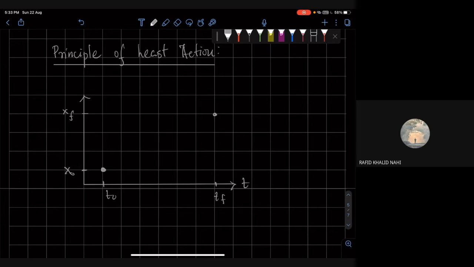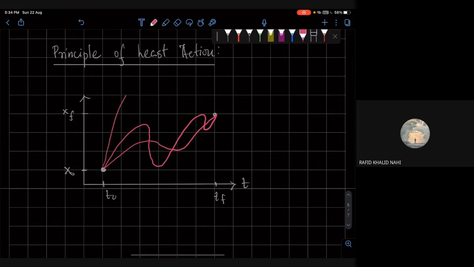Now, the particle can take all sorts of paths, right? It can go towards xf, it can turn back, go towards xf, turn back, like this. Or it can do it more straightforwardly, right? So it can have all these different paths. All of these pink lines are a different path.